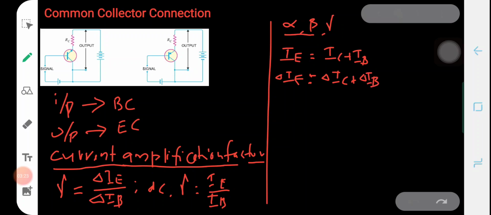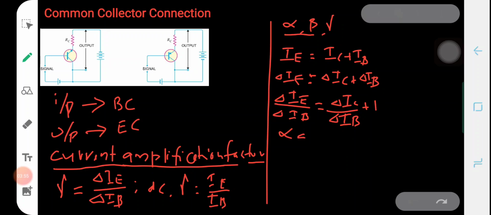Divide this expression throughout by delta IB, then we have delta IE divided by delta IB equal to delta IC by delta IB plus 1. Now let's recall the expressions for alpha, beta and gamma.